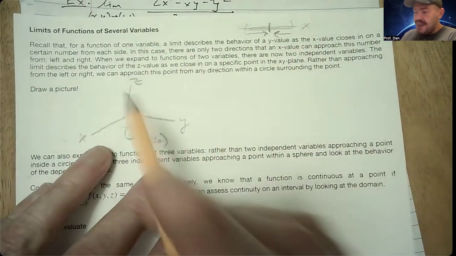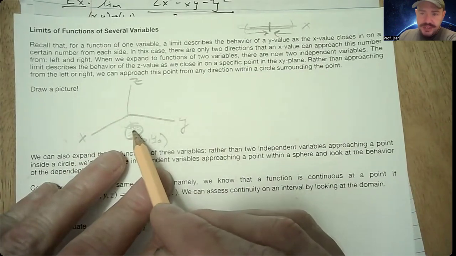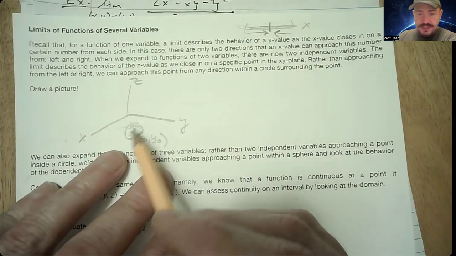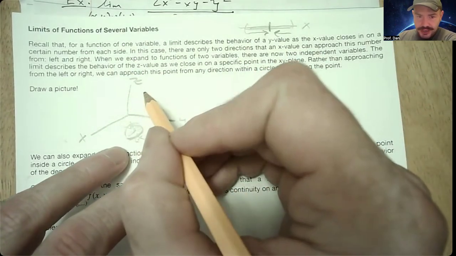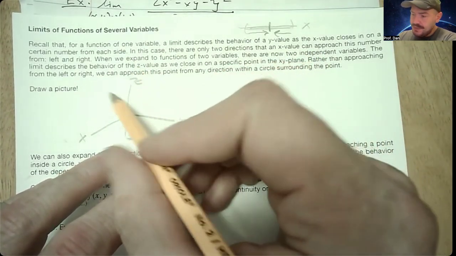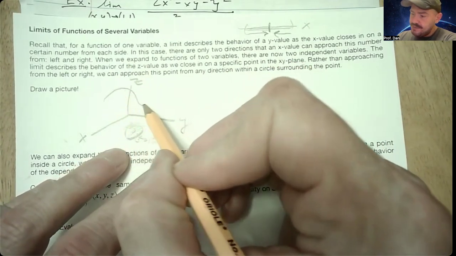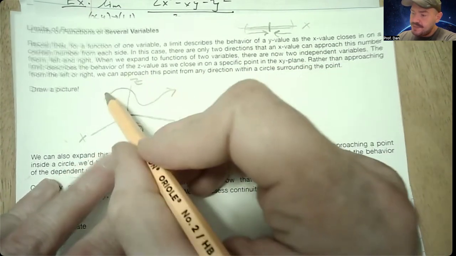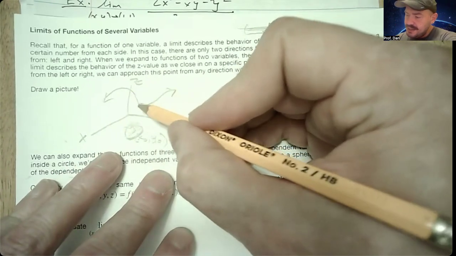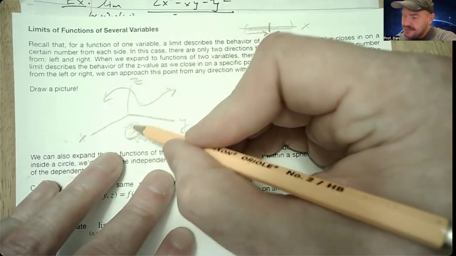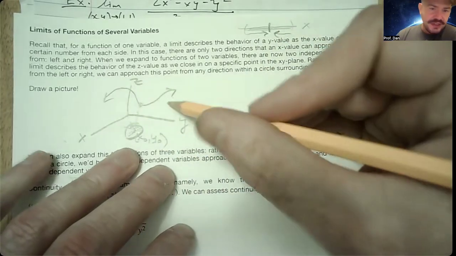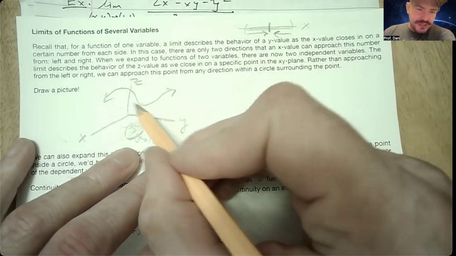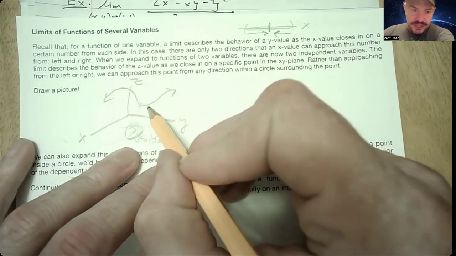And as we approach this point from any of these directions, we want to look at what the Z coordinate is doing. So for example, if I have a line or some kind of space curve there, and let's say that this point is directly above X naught, Y naught, then this limit would exist and be equal to whatever the Z coordinate is.